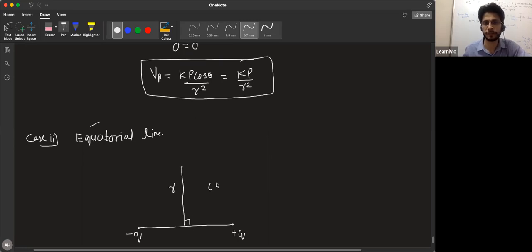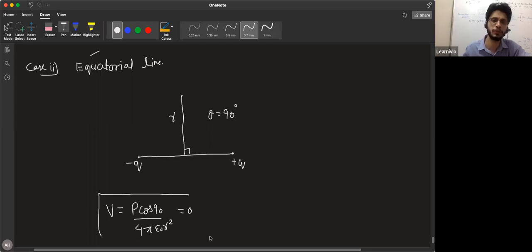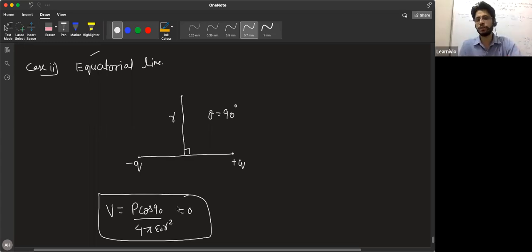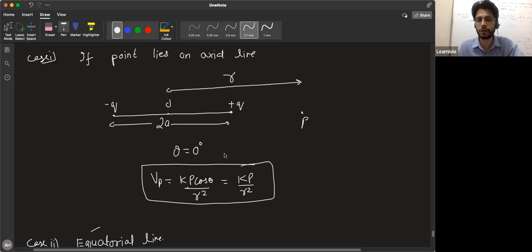Theta is 90 degrees. So on the equatorial line, your potential will be P cos 90 over 4 pi epsilon naught R square. Cos 90 is 0, that means on the equatorial line, your potential will be 0. You will get potential only on the axial line, which is Kp by R square.